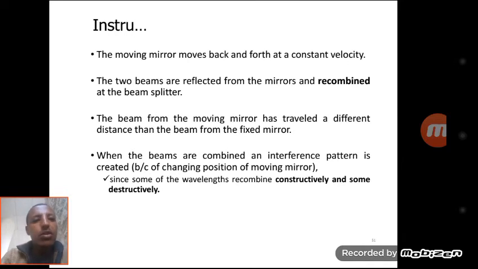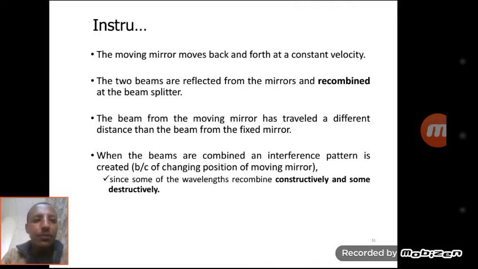The moving mirror moves back and forth at a constant velocity. The two beams are reflected from the mirrors and recombined at the beam splitter. The beam from the moving mirror has traveled a different distance than the beam from the fixed mirror, because the position of the moving mirror changes during its movement.